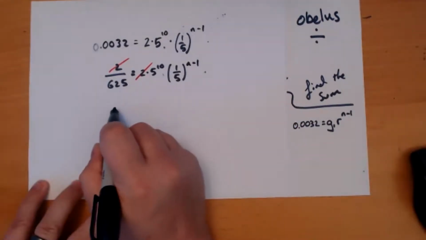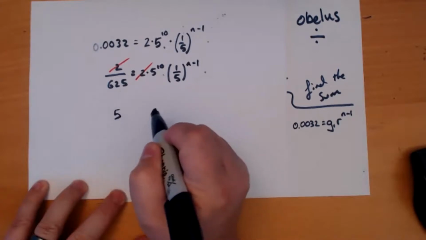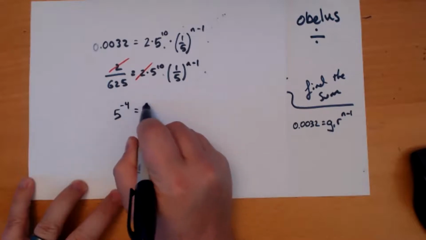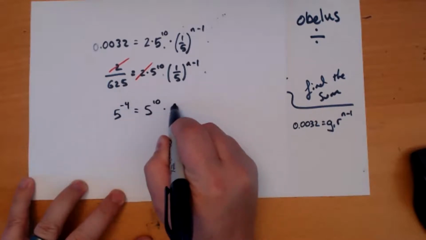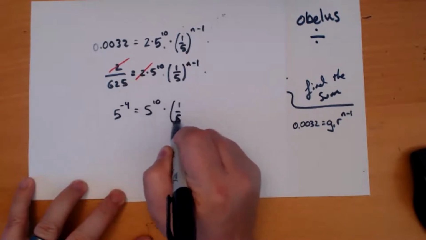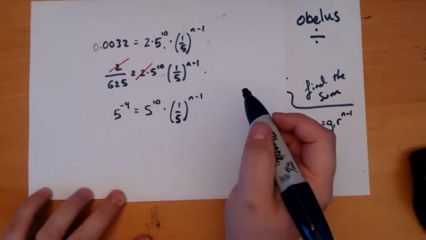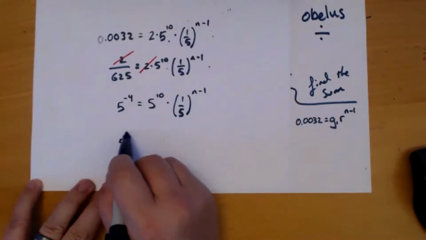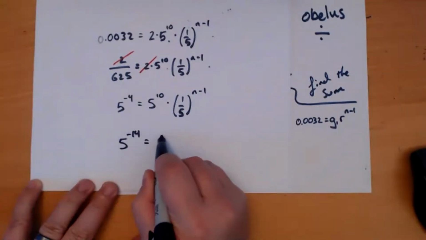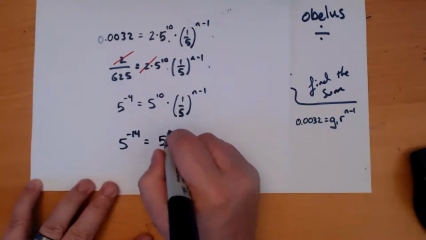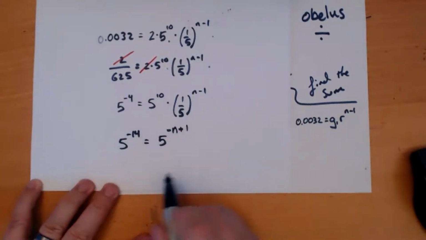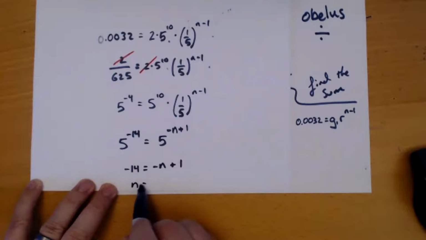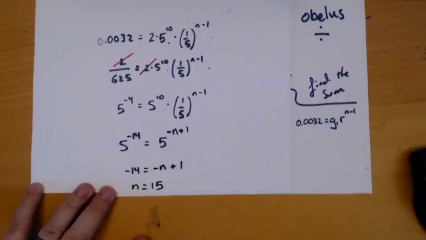And so this is 5 to the negative fourth. Solving. And you're done.